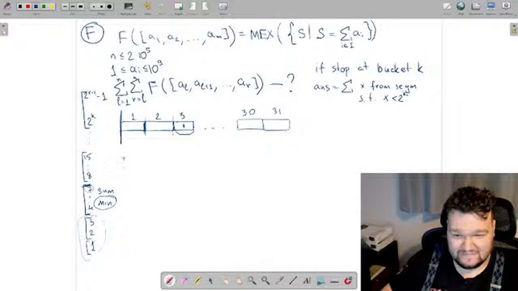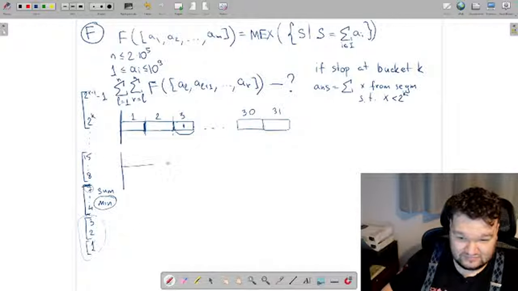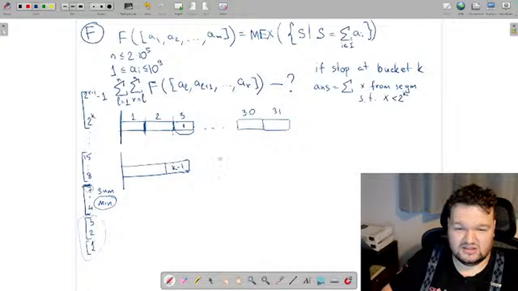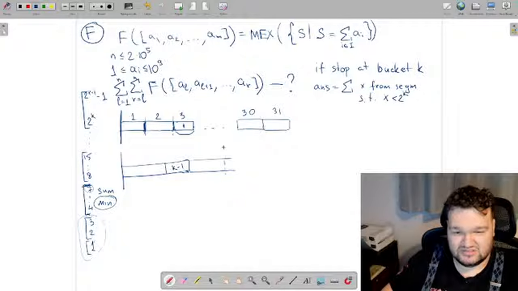So let's say we have something. Here was like the last right border where we stop at bucket k minus 1. And we now want to find where this ends. Where will be the groups that stop at bucket k.